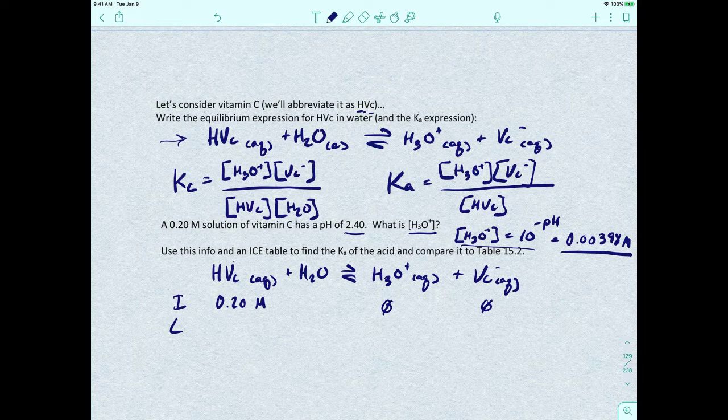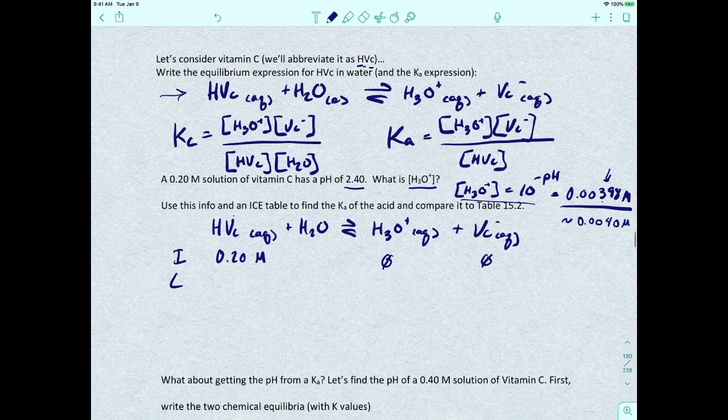Because it's so close, and the concentration is in the thousandths place, I'm going to round this and call it 0.0040 molar, just to keep things a little bit neater.